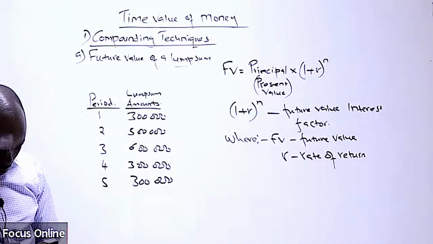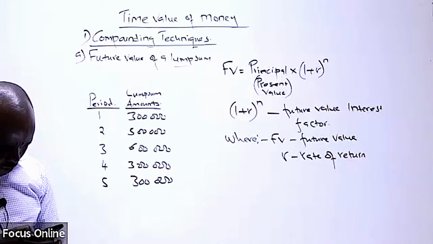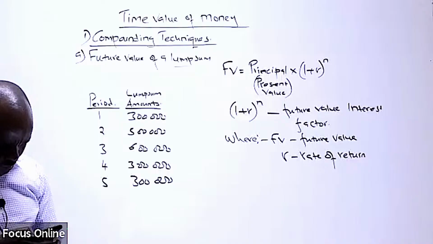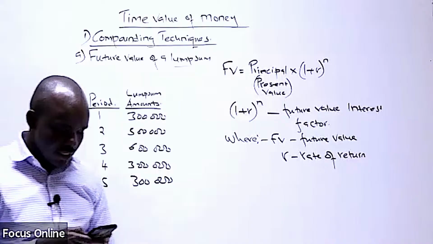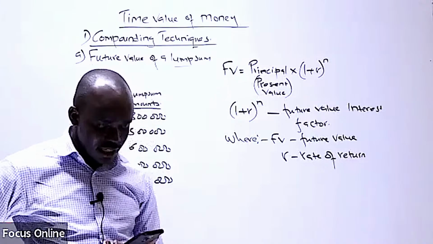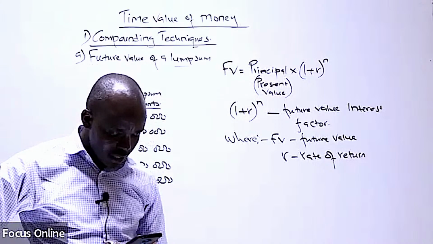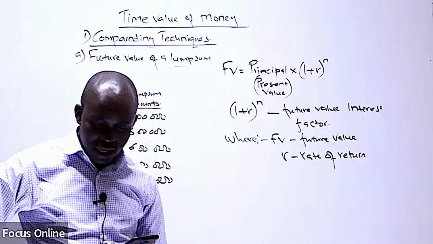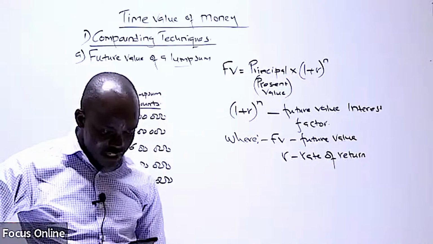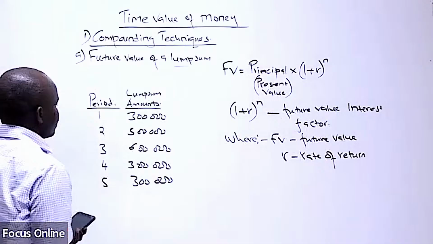Do we have an example there? Yeah, there is an example there. They're saying, assume that you've just invested Kenya shillings 100,000. The investment is expected to earn interest at a rate of 20% compounded annually. Determine the future value of the investment after 3 years.